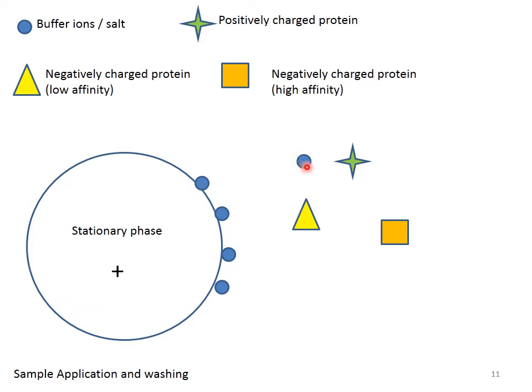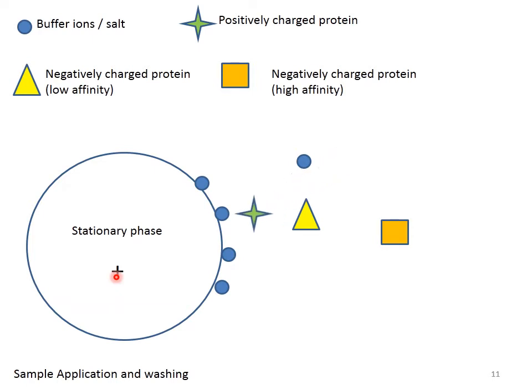So this blue circle is again representing the buffer ions because the proteins are dissolved in a buffer, and this green star is a positively charged protein, and the other two proteins represented by the triangle and the square are negatively charged proteins. So when these proteins are added, the positively charged protein has the same charge as that of the stationary phase.